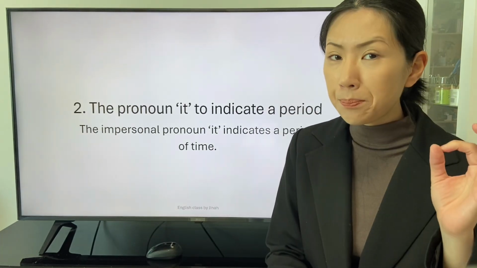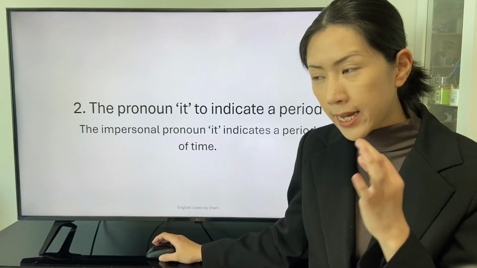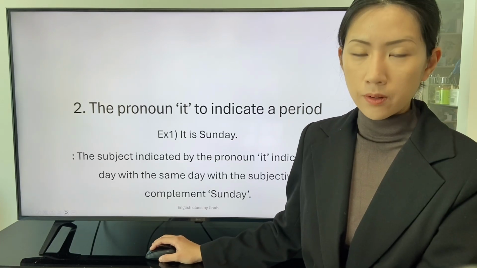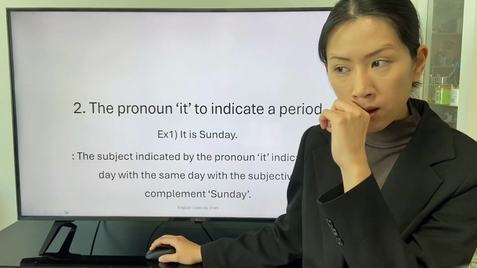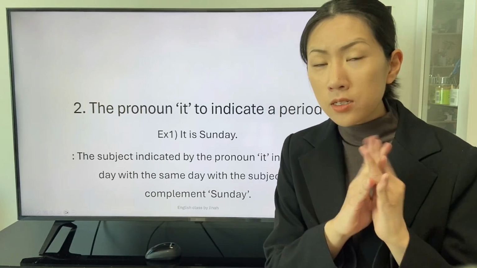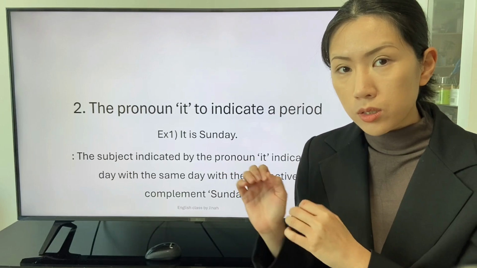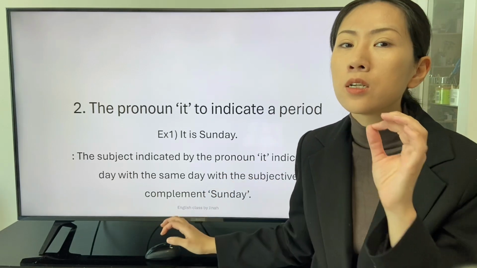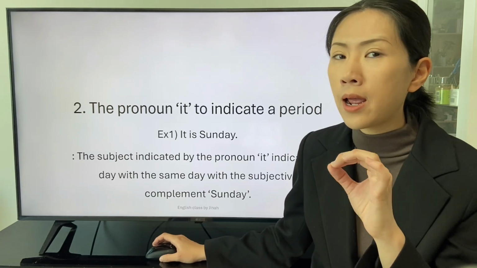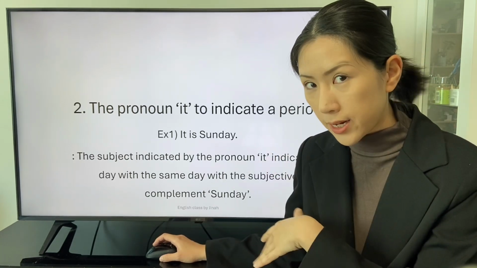The impersonal pronoun it indicates a period. For example, there is a clause. It is Sunday. The subjective complement Sunday indicates the same subject with the impersonal pronoun it, which is the subject.